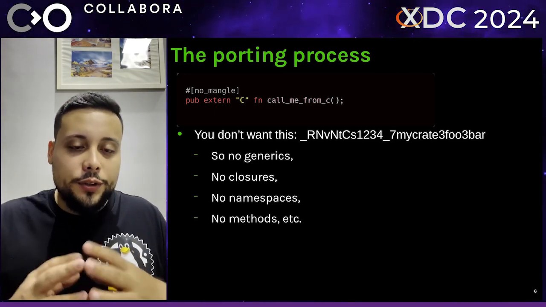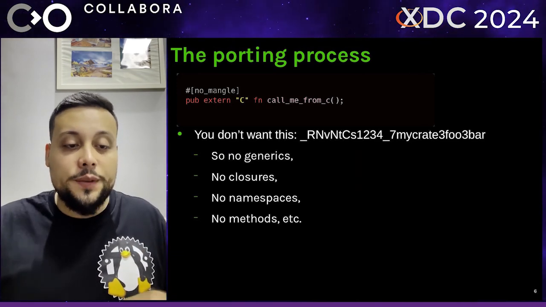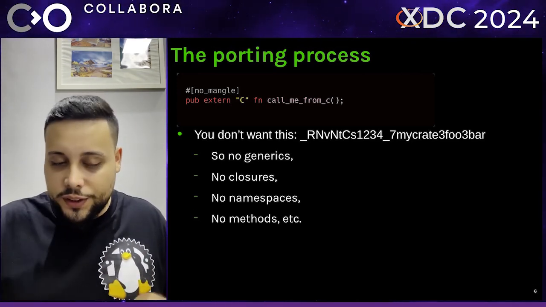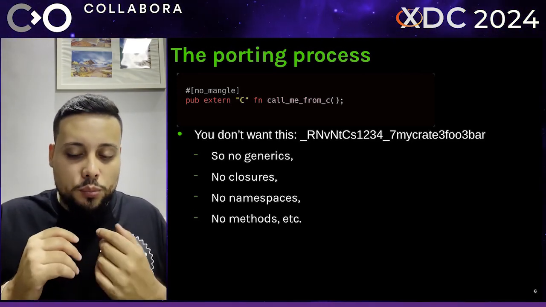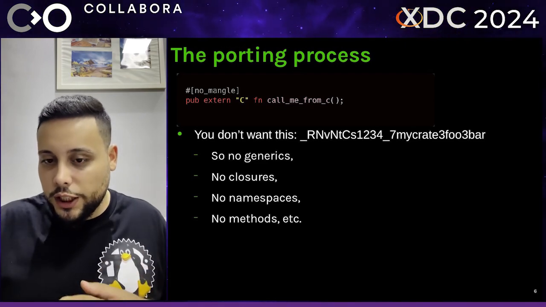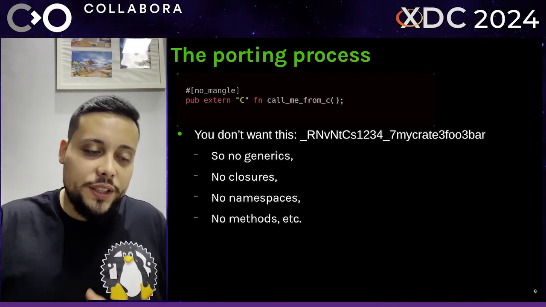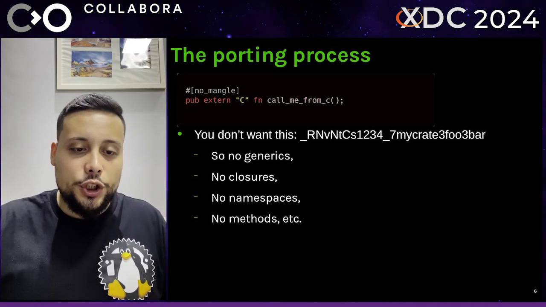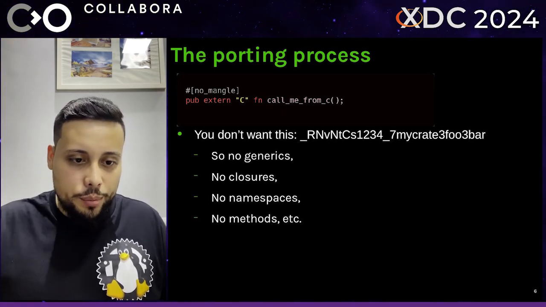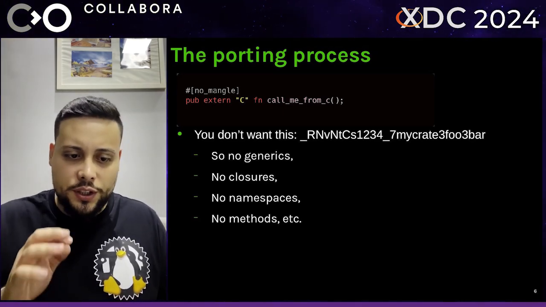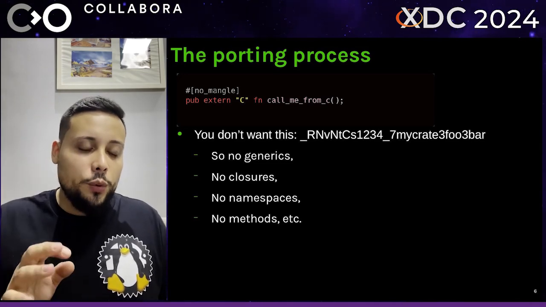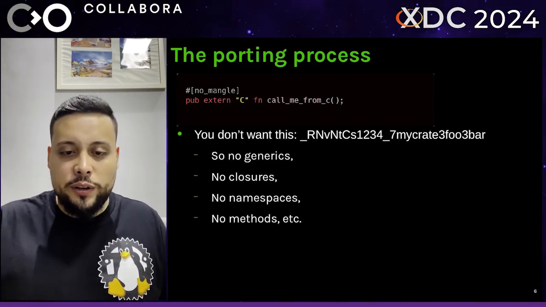And in order for this to happen, the first thing we have to do is disable mangling. And the reason why we have to disable mangling is because Rust, like C++ and many other languages, uses mangling as an implementation strategy to implement generic parameters and closures and namespaces and other stuff. It will use the name of the symbol to actually encode all of this information.